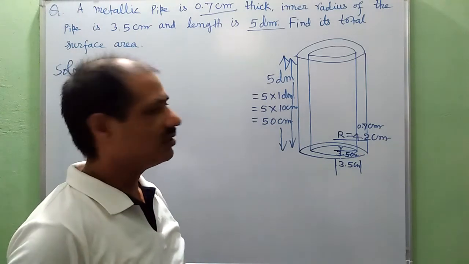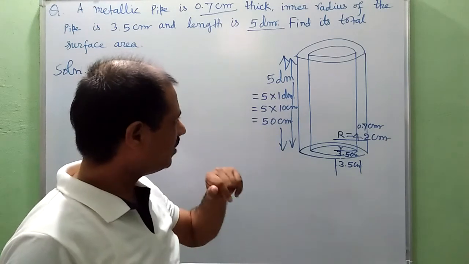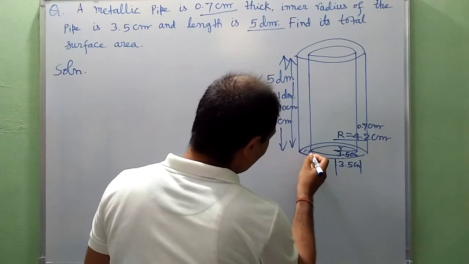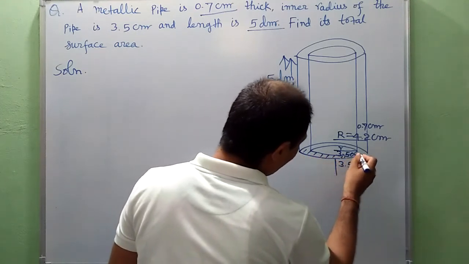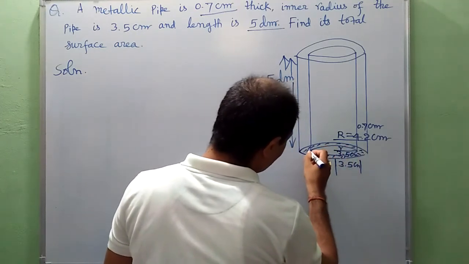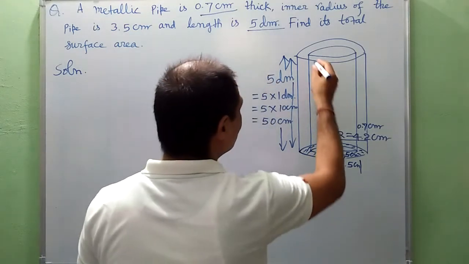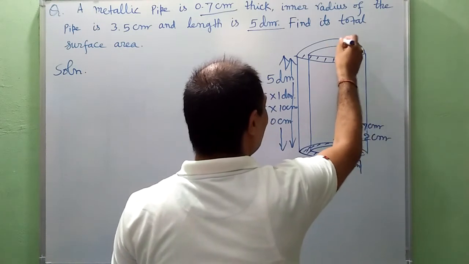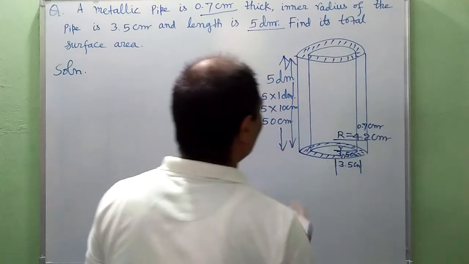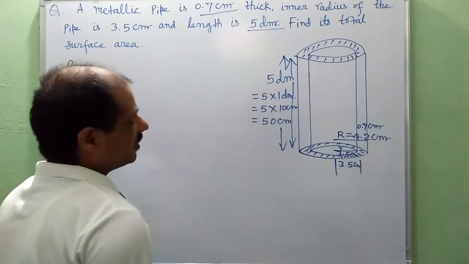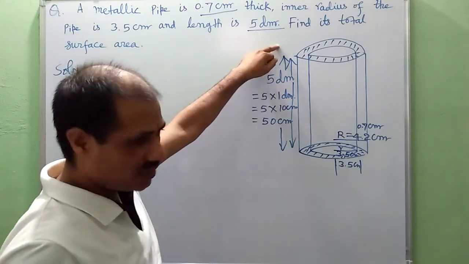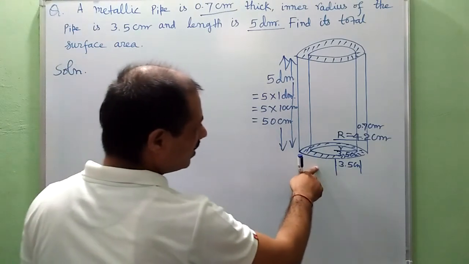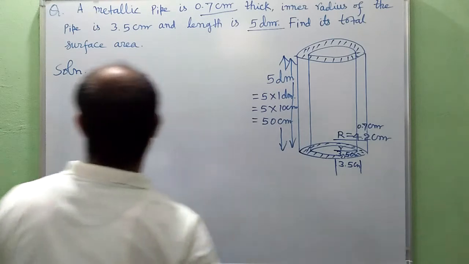Then there are two circular parts. This is thickness. This area will also be added, and its top area will be equal to its base area. This part will be added 2 times.